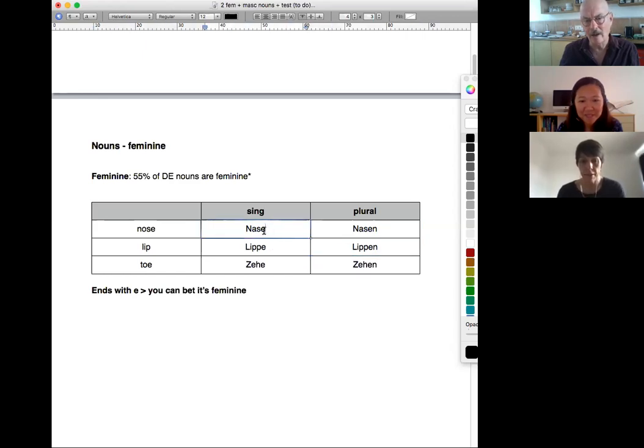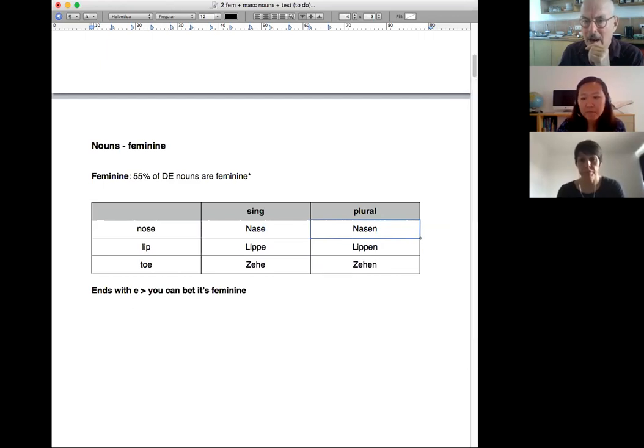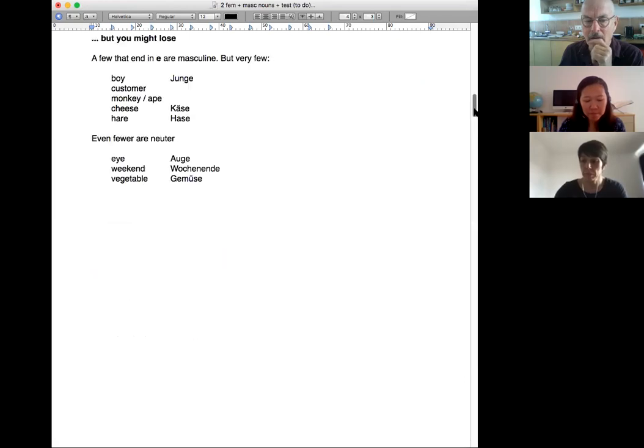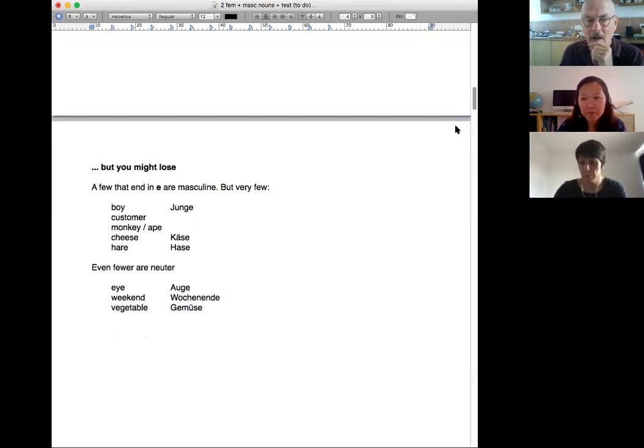Okay, so words ending in E are often, mostly, feminine. And if you want to make a plural, you put an N on it. So if it ends with N, you can bet it's feminine, but you might be wrong. A few that end in E are masculine, but very few.